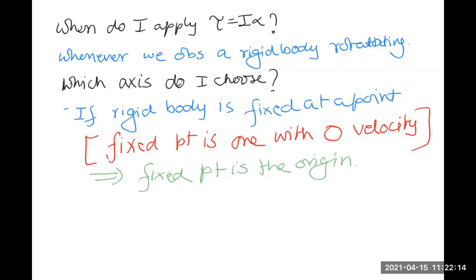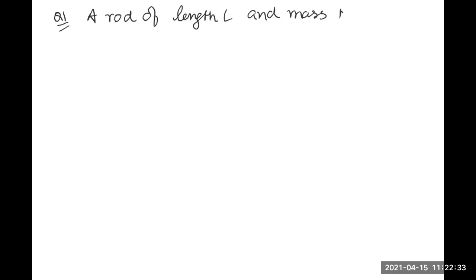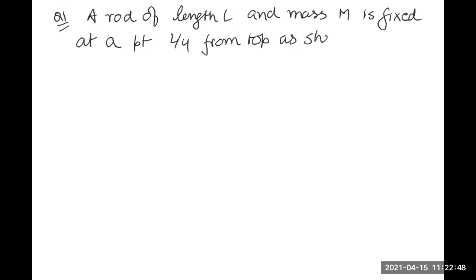So I want to give you a question here. Question 1. A rod of length L and mass M is fixed at a point L by 4 from top as shown.